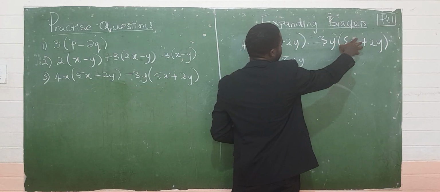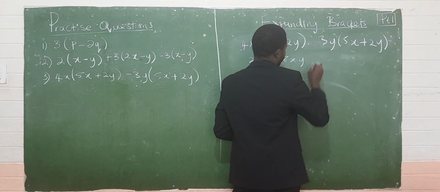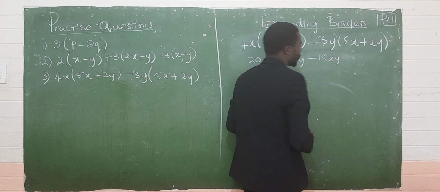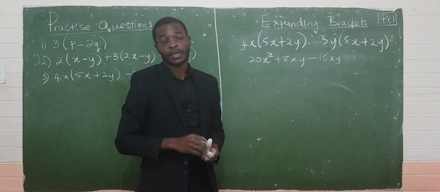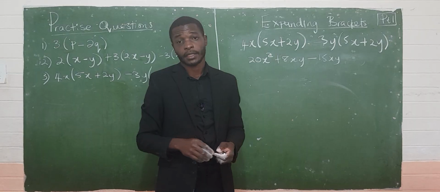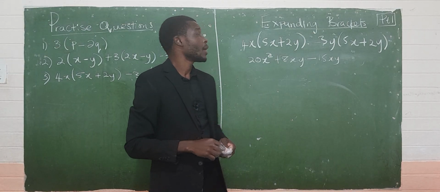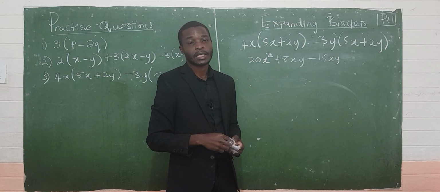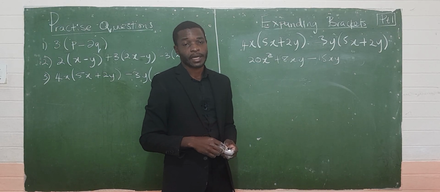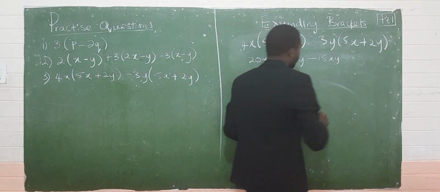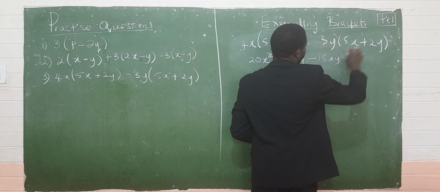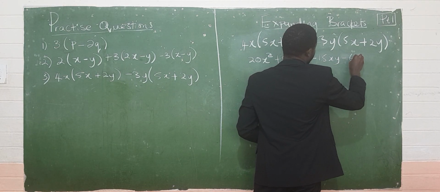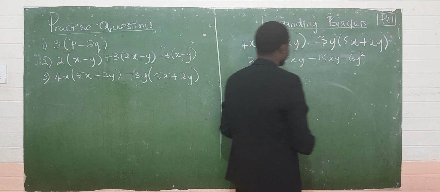Negative 3y times 5x gives us negative 15xy. You can write it as yx, but it's conventionally acceptable that you write them alphabetically. Also, it will assist you to easily see terms that are the same. Otherwise, negative 3y times 2y gives us negative 6y squared.